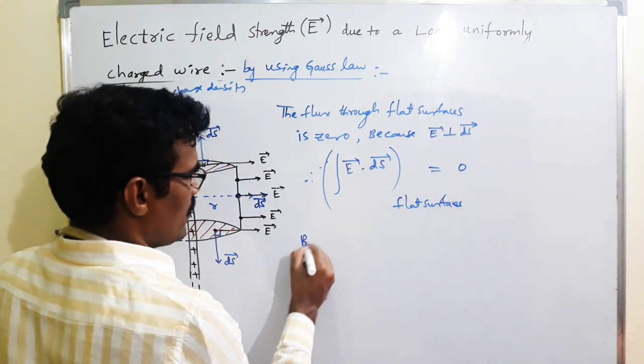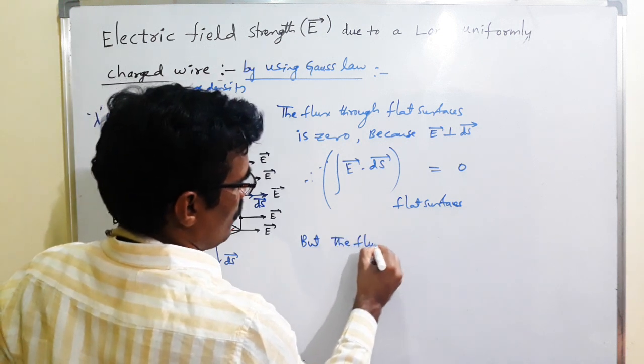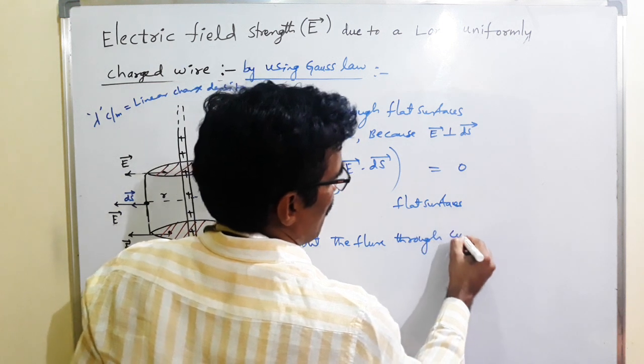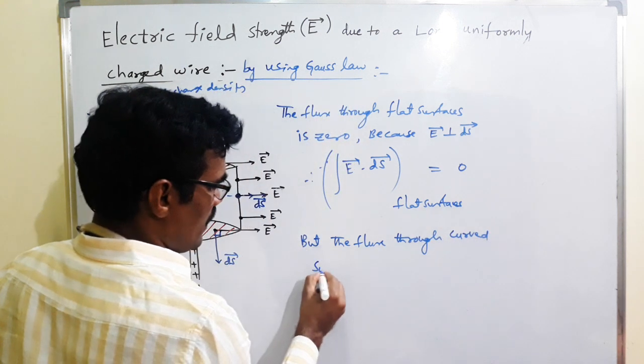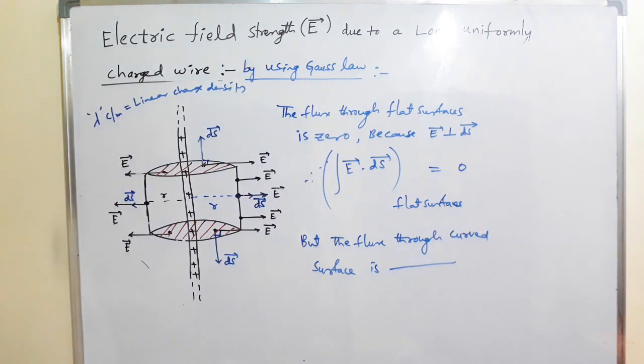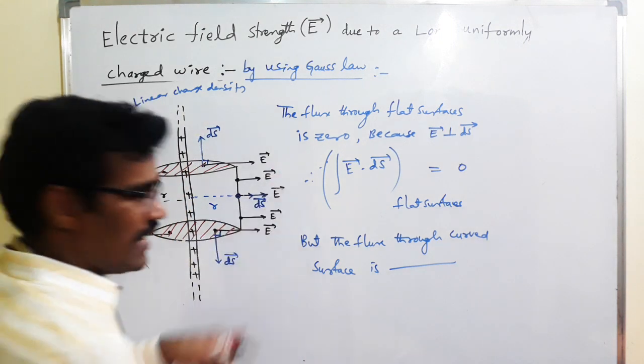But the second one is the curved surface. What is the flux through the curved surface? Here E bar and ds bar are in the same direction.